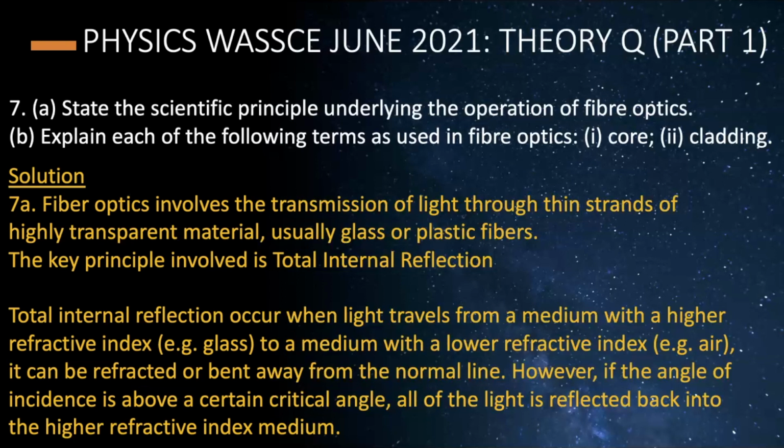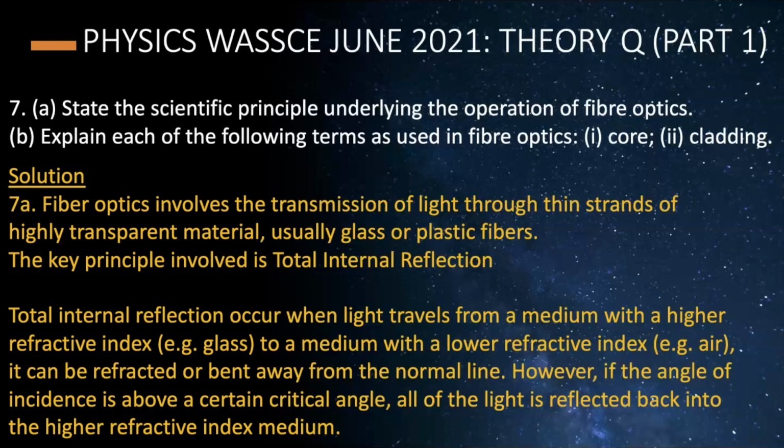Now, the bending could continue until the angle of incidence, that is the angle the incident ray is making with the normal, which is what you normally call the angle of incidence.